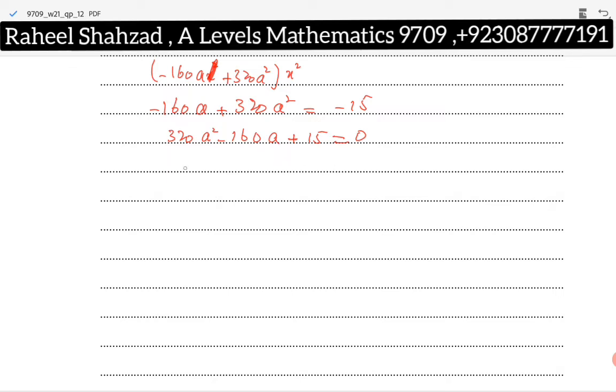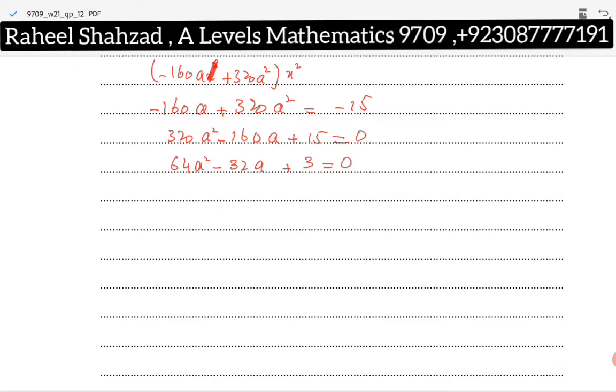Then you can take 5 common out of it, so it is going to be 5 times (64a square minus 32a plus 3) is equal to 0. So 64a square minus 32a plus 3 equals 0.